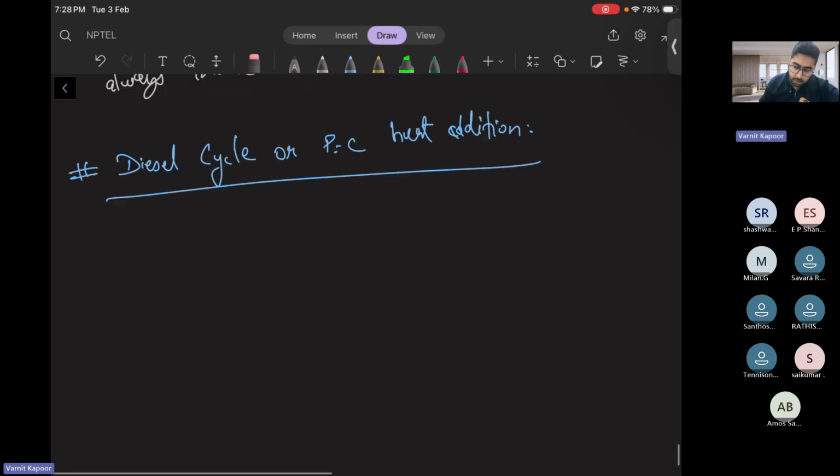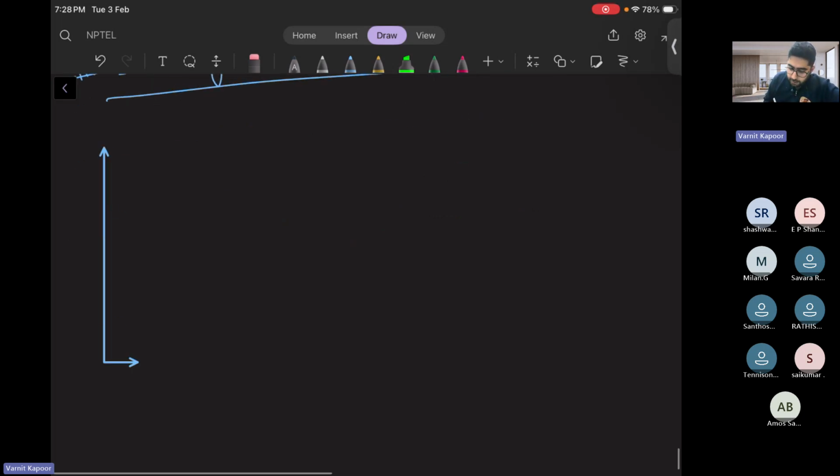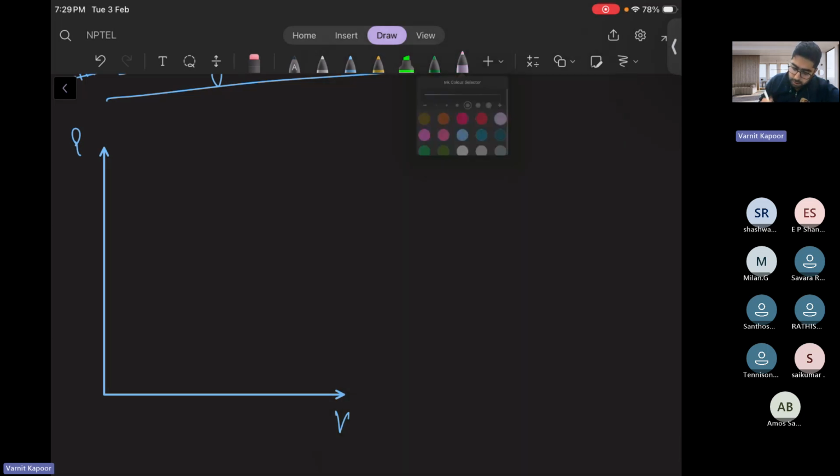So this is again my PV plot. First process is again isentropic compression from 1 to 2, then 2 to 3.